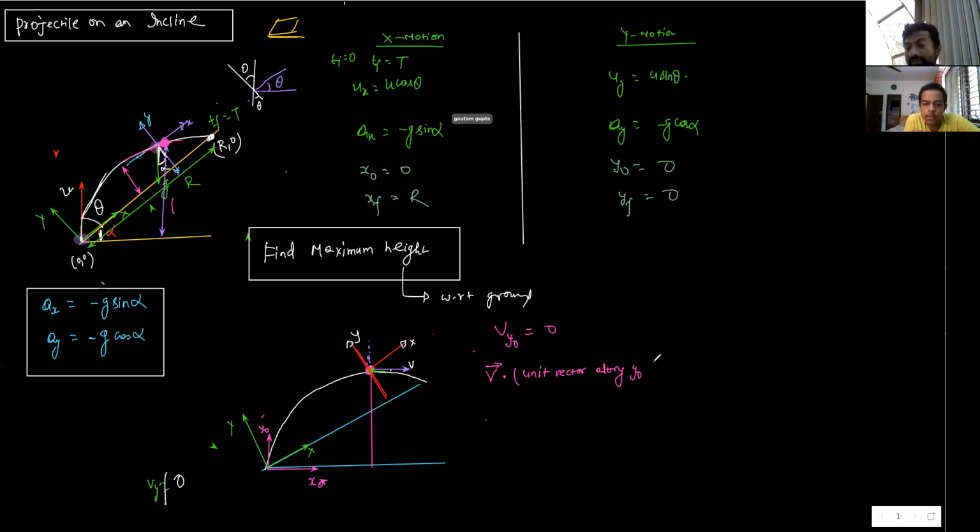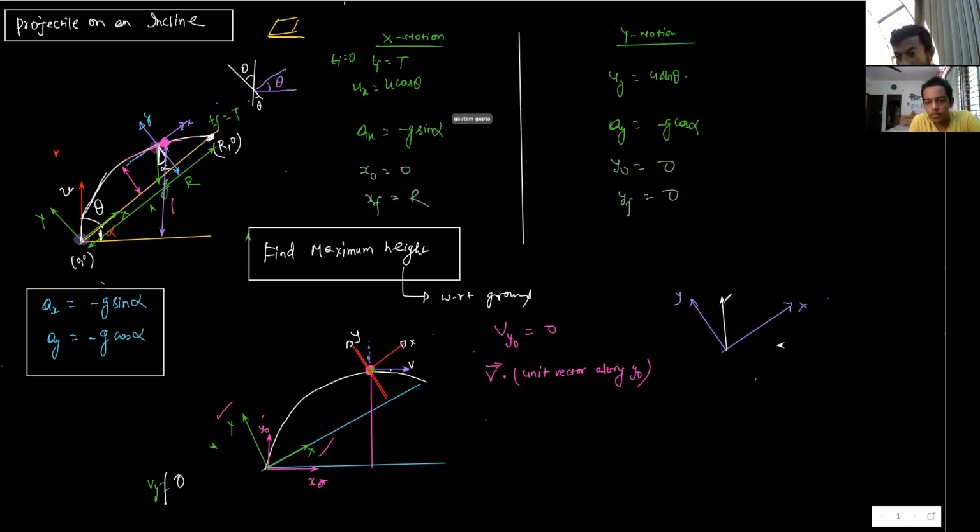But this unit vector must be expressed in terms of your new x and y axes. So your new x and y axes are like this. The unit vector along your original y-axis is this.